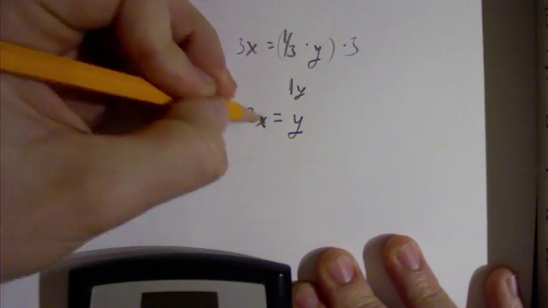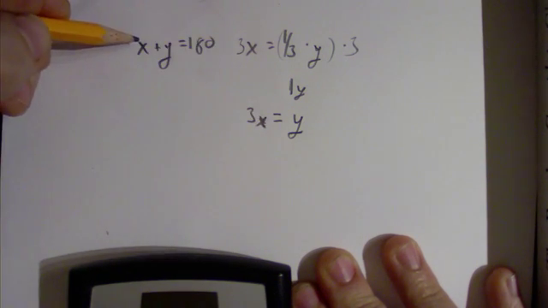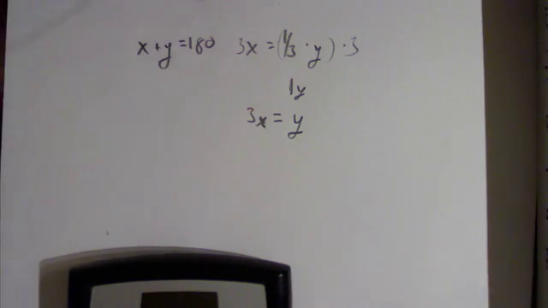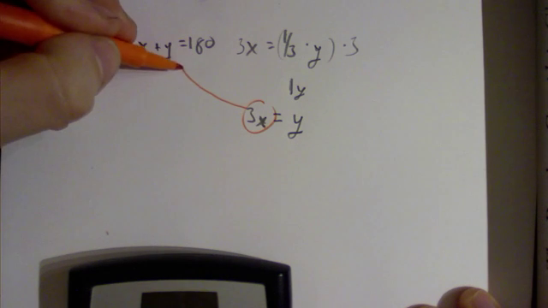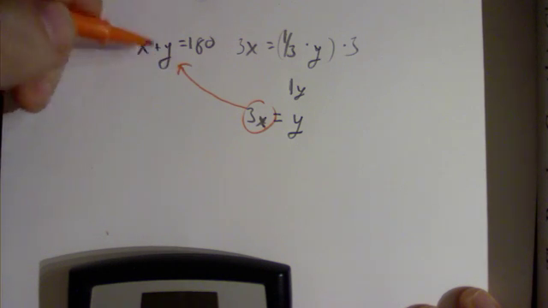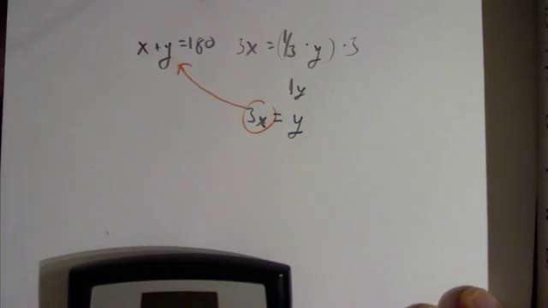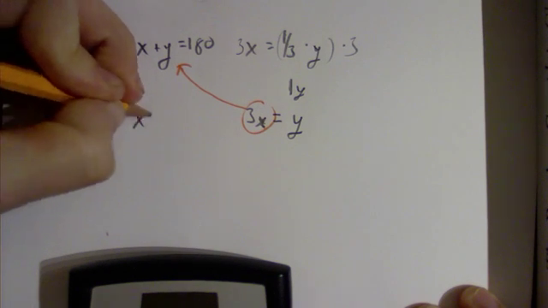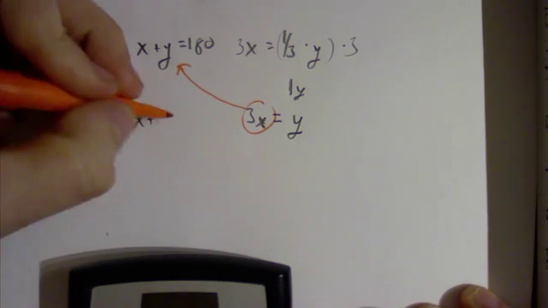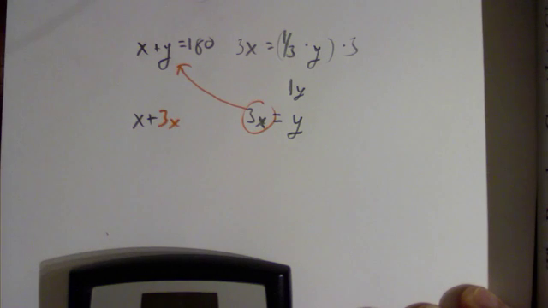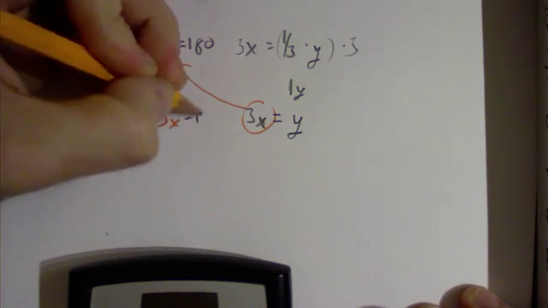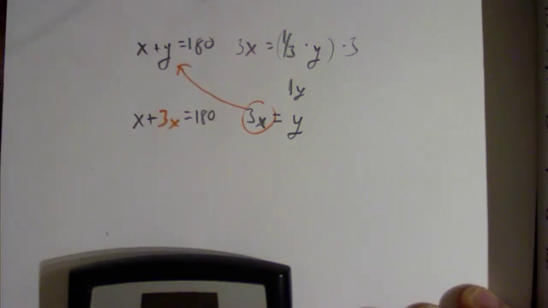I can now substitute back into the other equation, because since y is actually 3x, instead of y, I only want to have one variable here, I'll do 3x. And I now have x plus 3x is equal to 180.